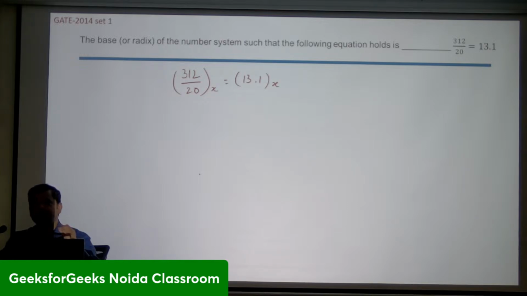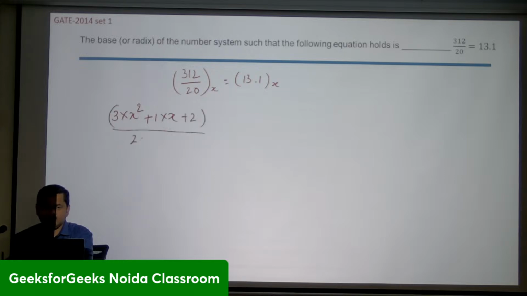So what we can do is simplify it into a known base. We can solve it for base 10. So I can simply convert it like this: 3 multiplied by x square plus 1x plus 2, and this is divided by 2x plus 0. All right, this we can do. Now for this side again we can do this: 1 into x plus 3 plus 1 upon x.